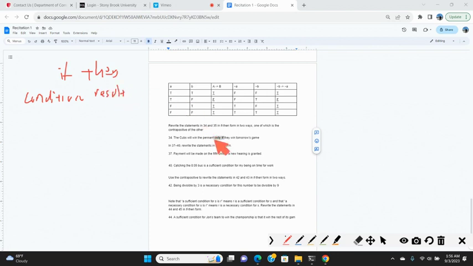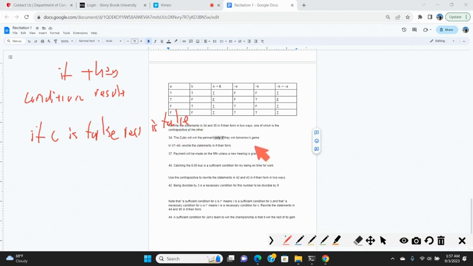So if we see something like "only if," or something is a necessary condition for the other, I want you guys to think that these are very strongly toned words. And so basically, if the condition is false, the result is false.